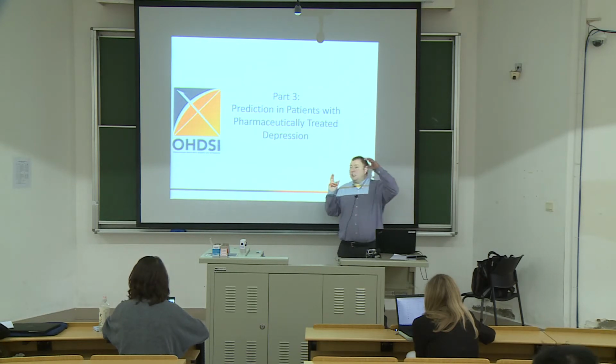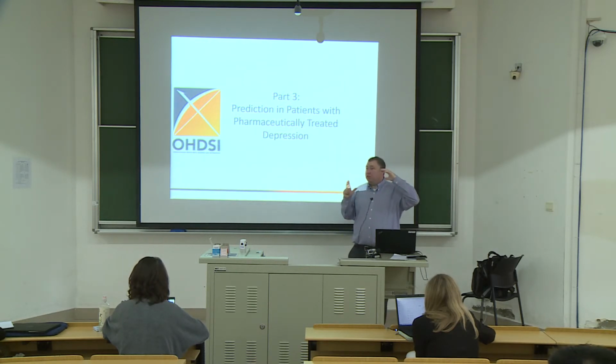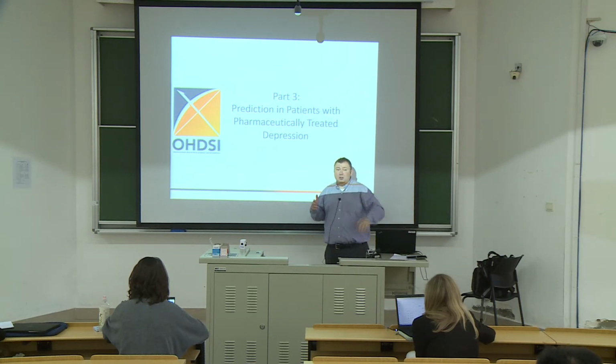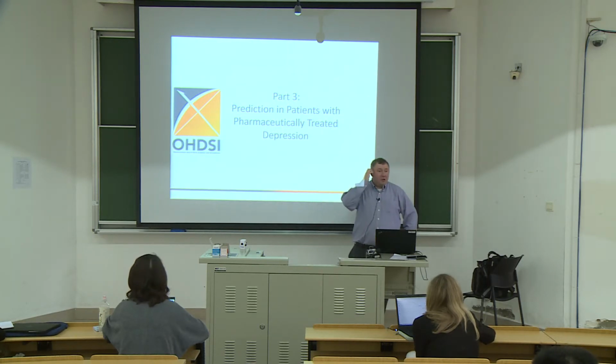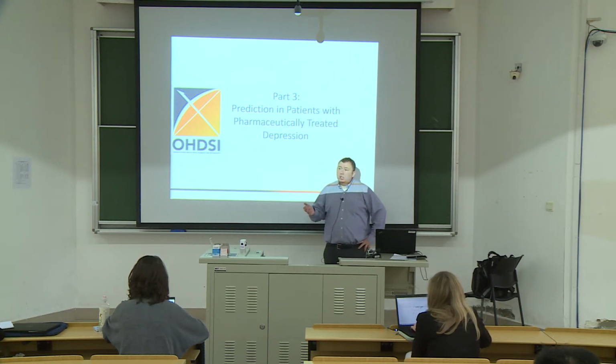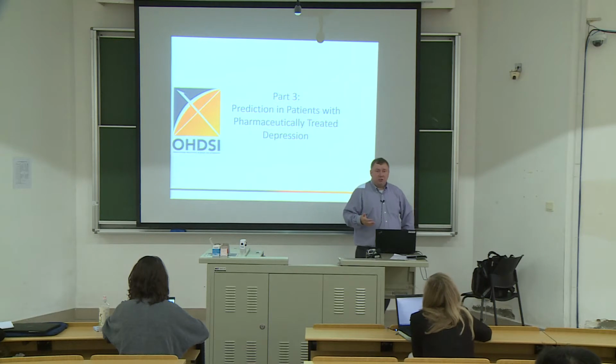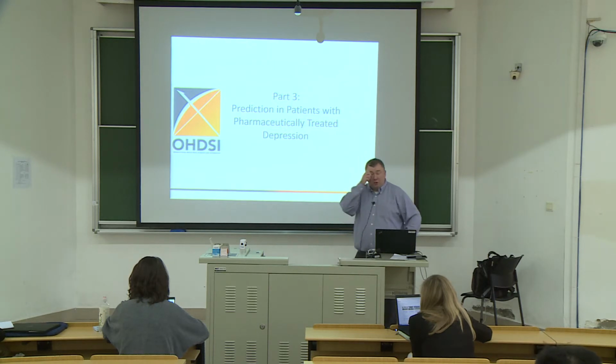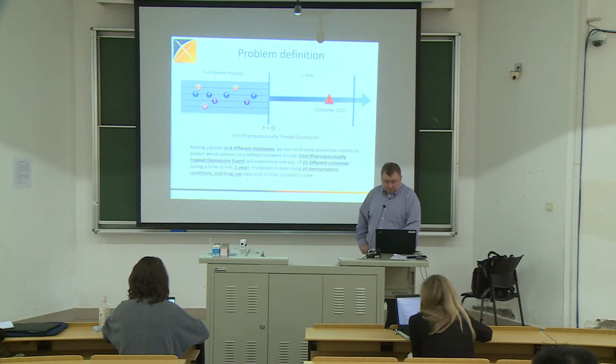They have a black box warning that says that there's an increased risk of suicidal behavior. They have many other side effects that are well known that patients are worried about. And so our objective was to determine whether or not we can predict any of the outcomes that occur in patients who start treatment for their depression.